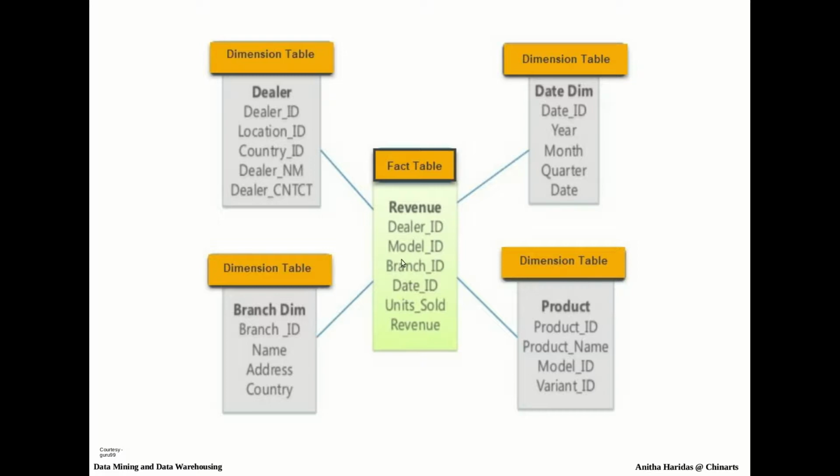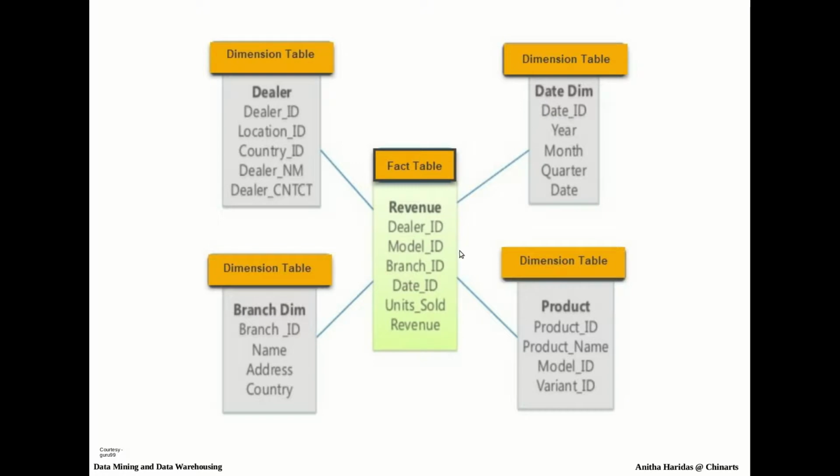Again in the second tuple, dealer X, branch 2 and item 1. In the same way, dealer X, branch 1, item 2, then branch 2 and item 2.